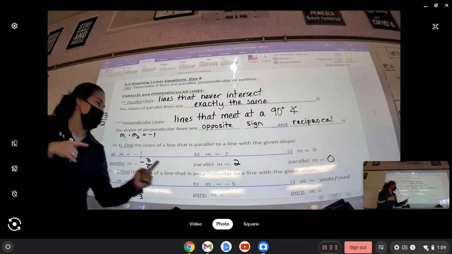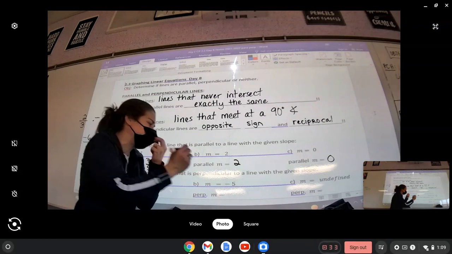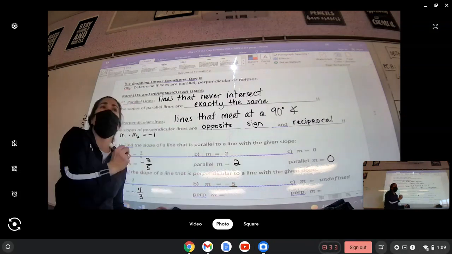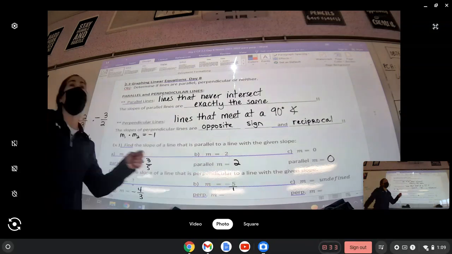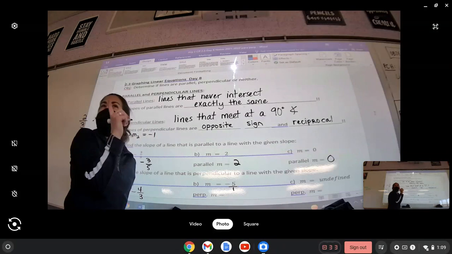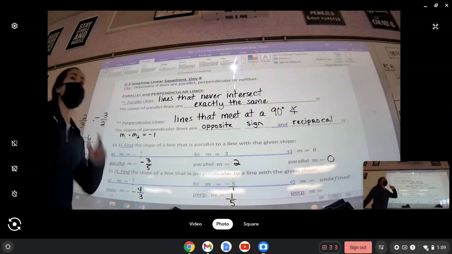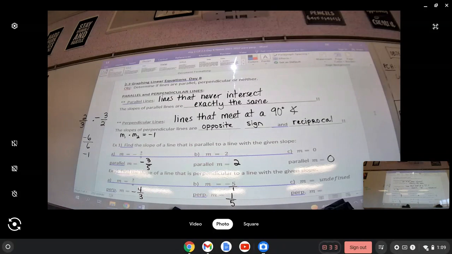All right, if one line has a slope of -5, now again, slope should be a fraction. We can make -5 a fraction real quick by putting it over 1. So if that is the slope of one line, then what would a perpendicular line's slope have to be? Positive 1/5. Opposite sign and flip it over.